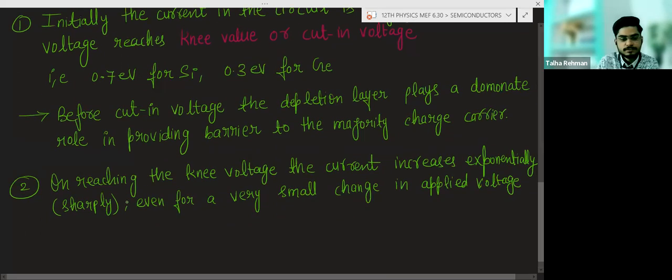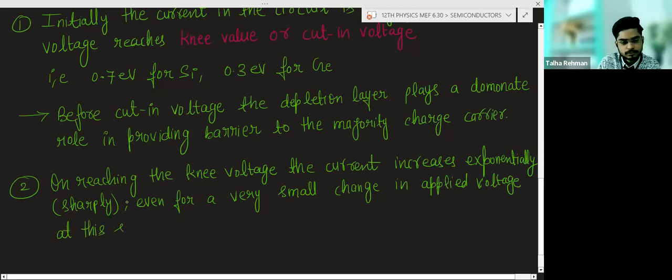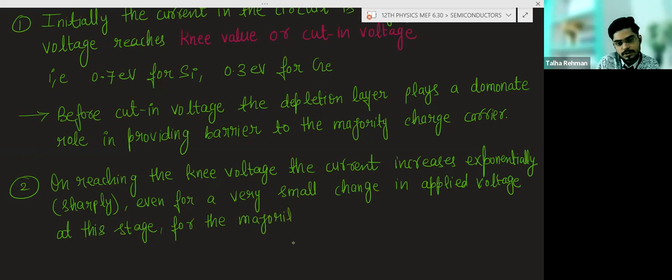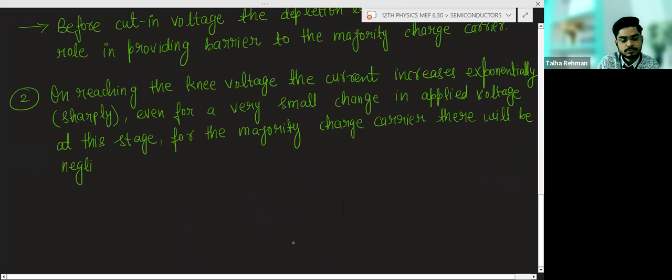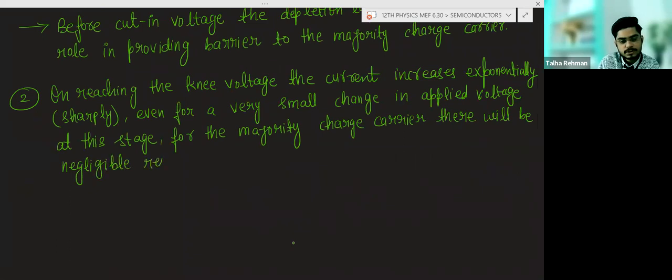At this stage, for the majority charge carrier, there is negligible resistance at the junction.